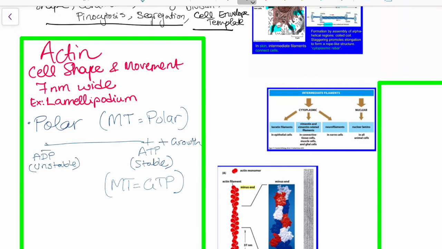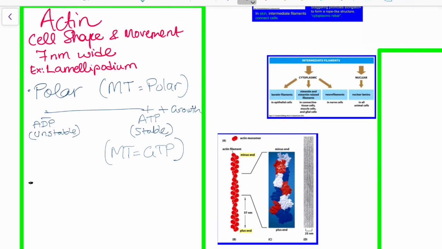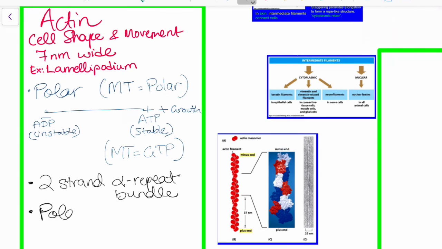So how does actin form? Actin is a two-stranded repeated bundle, and it is polar due to the ATP and ADP, like we said. And this is the myosin track, the sliding filament mechanism. That is what's used in muscle contraction.